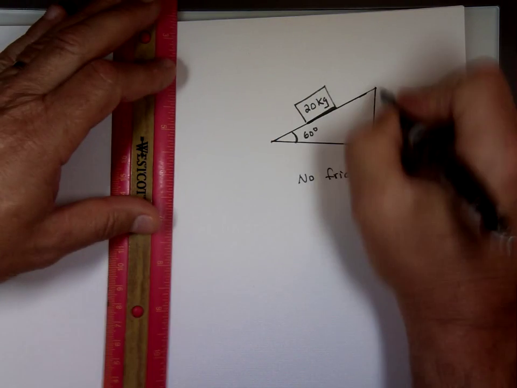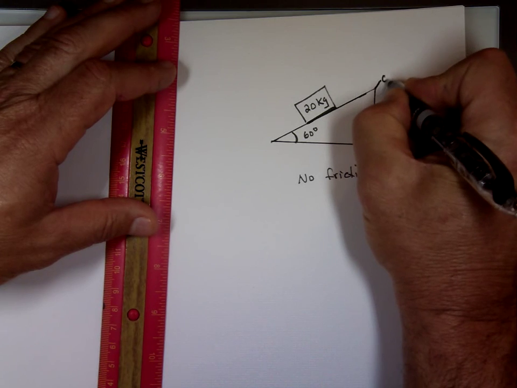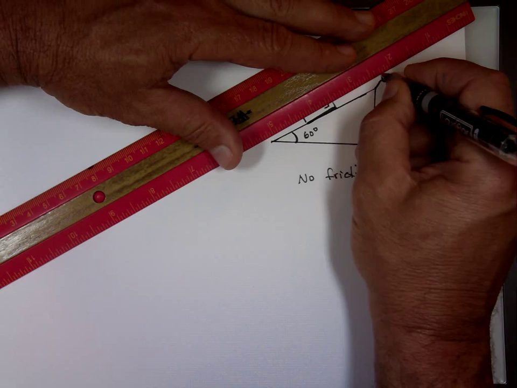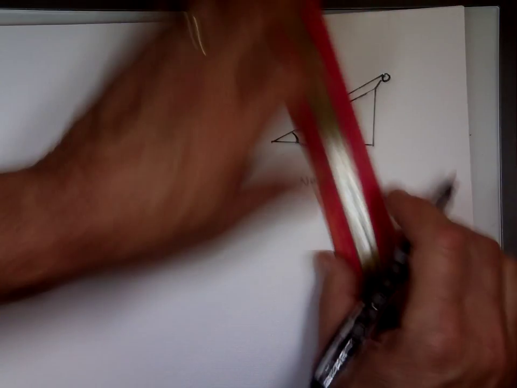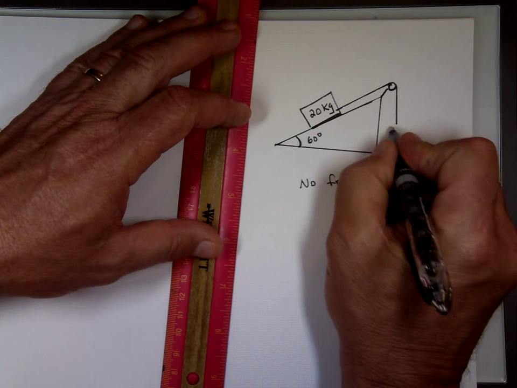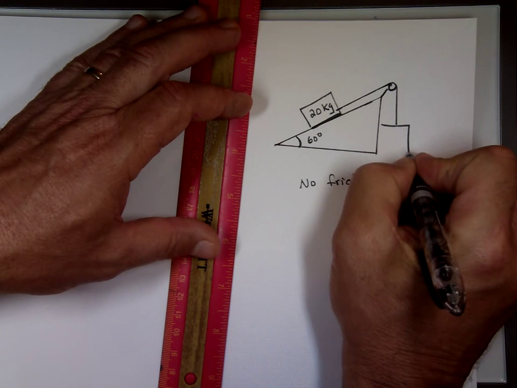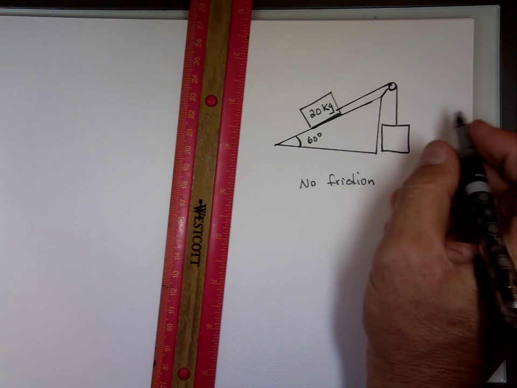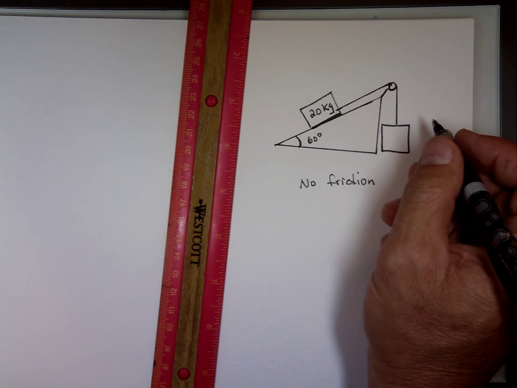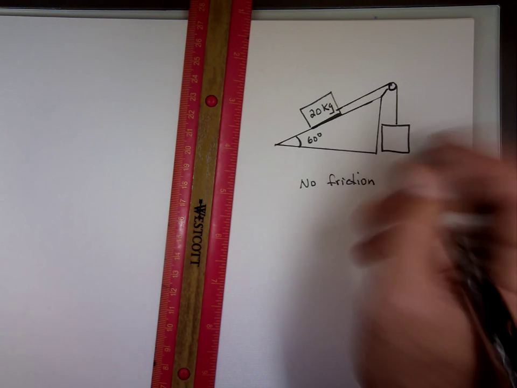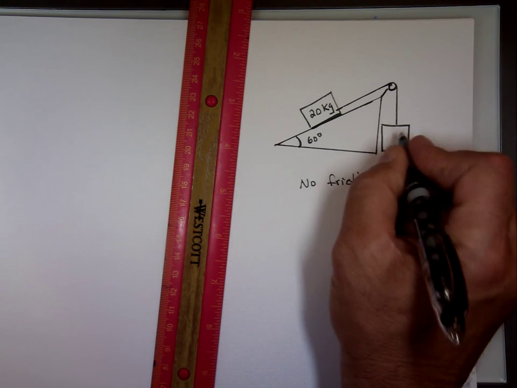And here's a pulley. We're going to attach a string to that. Dangle it over the pulley. It's going to come out this end. And I'm going to put another mass, hang one here. Let's say I'm going to put 18 kilogram here.